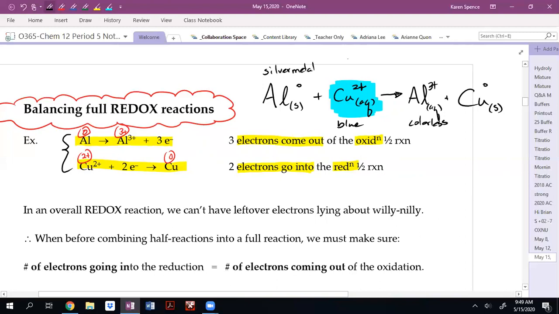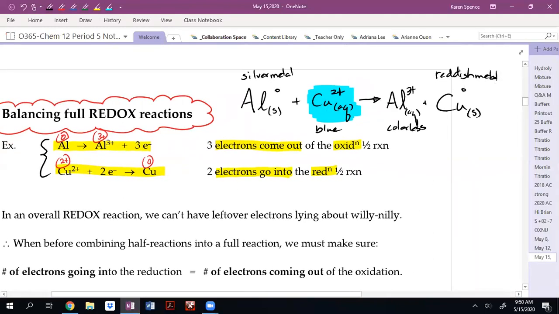And this is a reddish metal. You know what copper looks like, reddish metal. So you'll see the silver metal will go away. You'll have red stuff in there, and it actually looks more red than copper does normally, but it is copper, and we'll get this colorless.